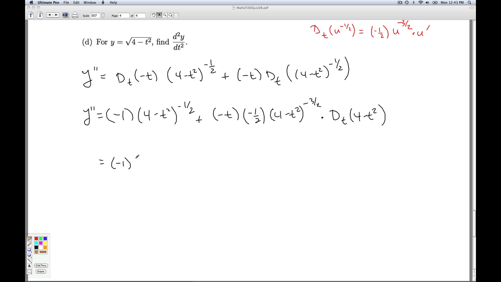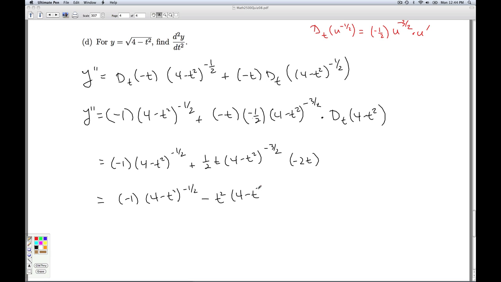So I get negative 1 times (4 minus t squared) to the minus 1/2, and I've got plus 1/2 t times (4 minus t squared) to the minus 3/2 times this derivative, which once again is negative 2t. And so I get negative 1 times (4 minus t squared) to the minus 1/2, minus t squared times (4 minus t squared) to the minus 3/2, just moving that negative 2t and bringing it up front like that.